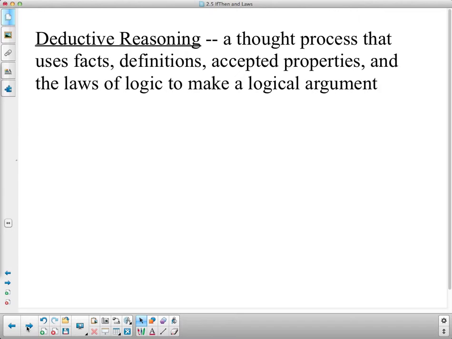When you're doing deductive reasoning, you're not looking at a pattern. You're looking at facts. Maybe the fact that you have to be 16 to have a driver's license. Maybe the fact that you have to stop at a stop sign. You know, certain laws or facts, that's what you're basing conclusions on.